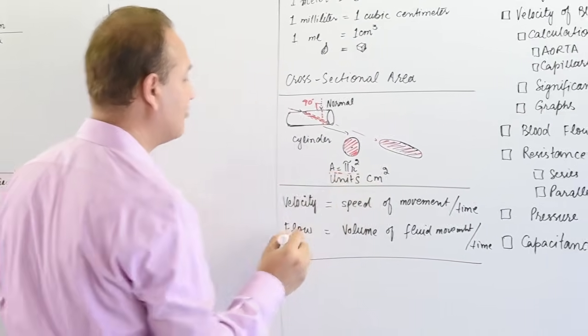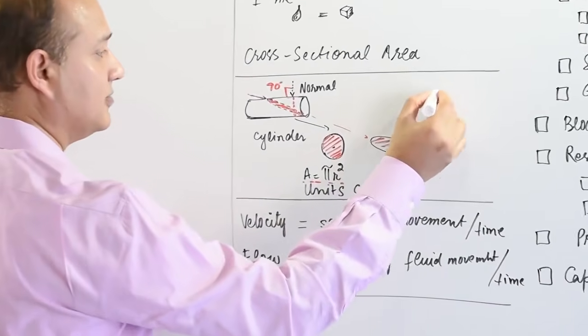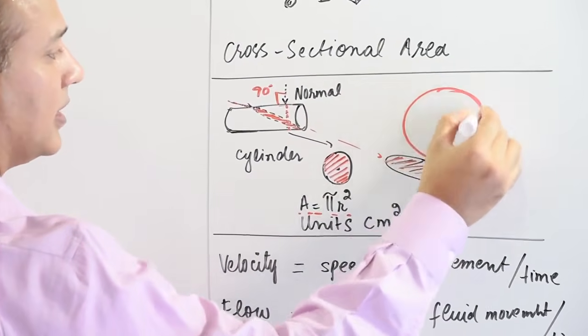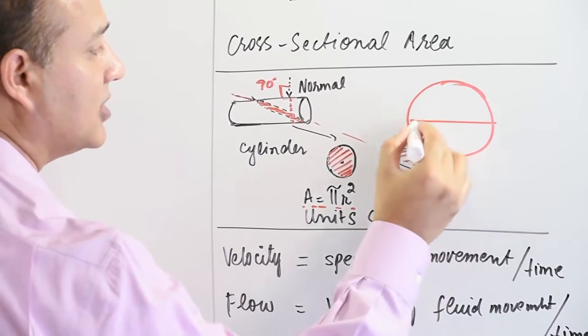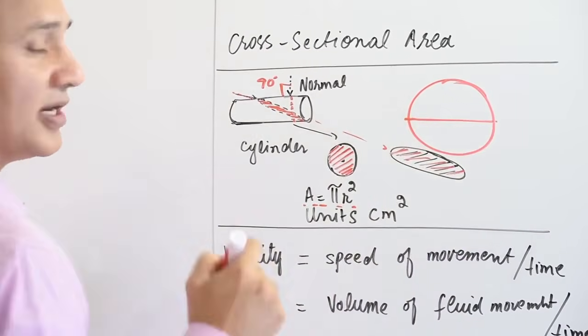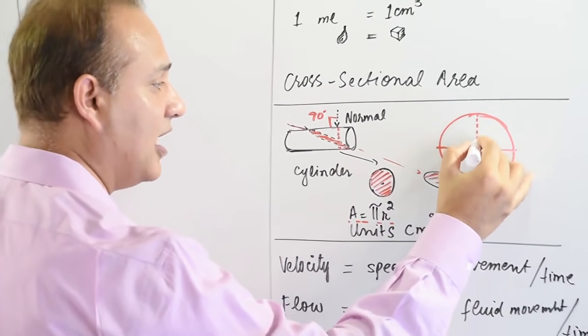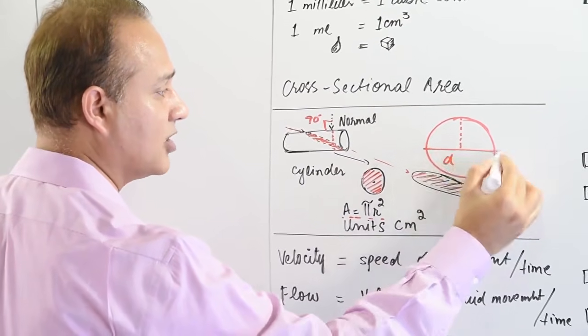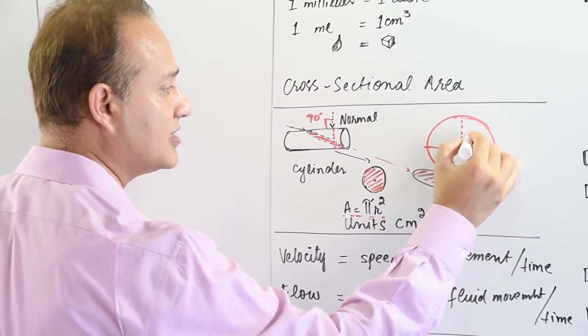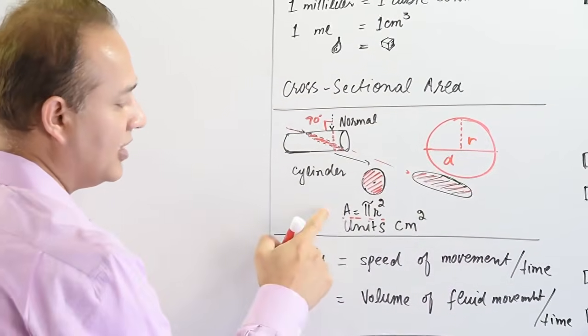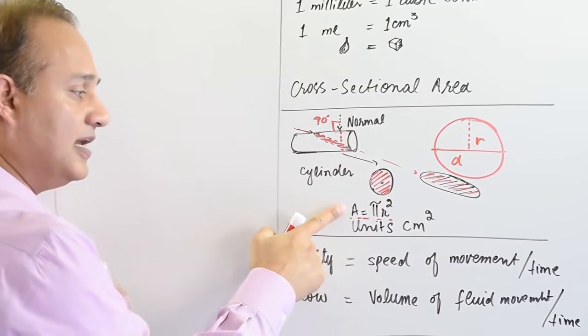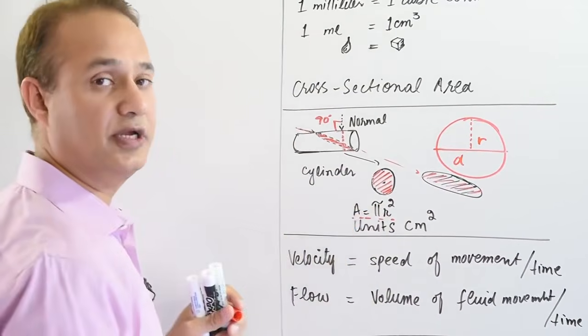And you know that for a circle, there is a thing called diameter, that is the longest chord within the circle, and then radius is half the diameter. So here we are saying cross-sectional area equals pi r square.